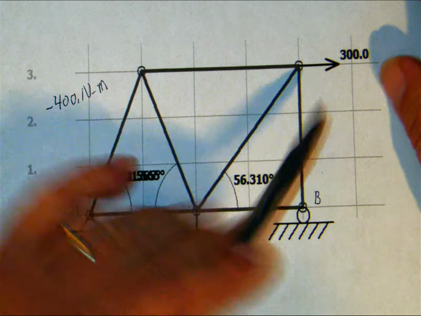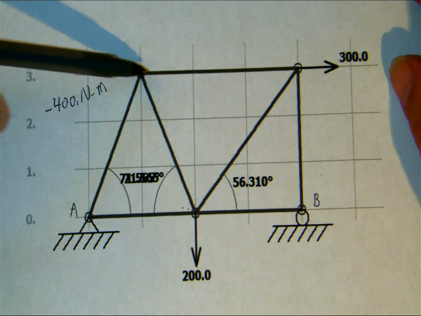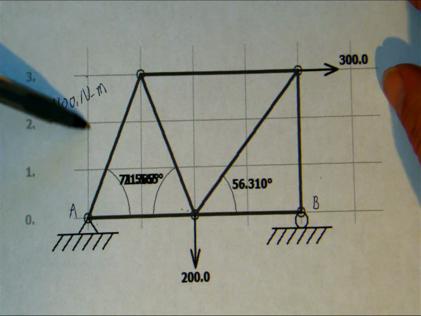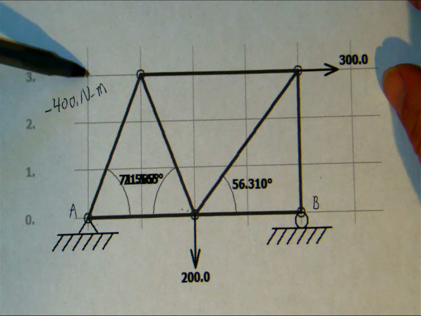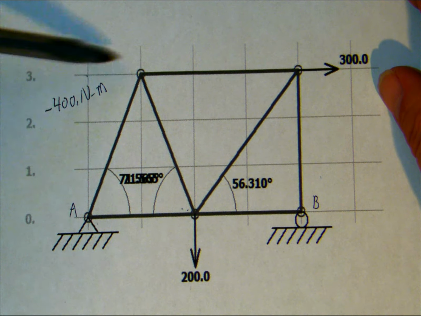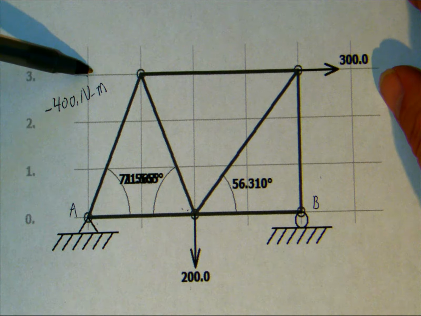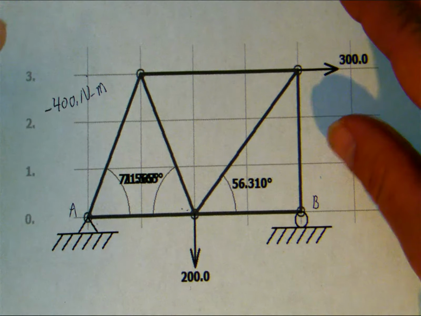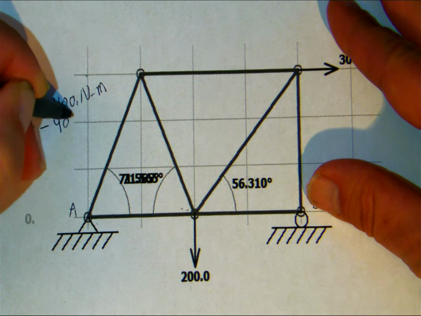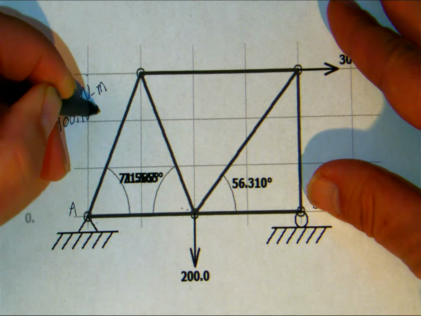For the load up here, I slide it backwards along its line of action until it's directly above point A, and I see R is now 3 meters when the direction of R is perpendicular to the direction of the load. So that's 3 times 300 is 900, also clockwise or negative. So I have negative 900 Newton meters of moment.